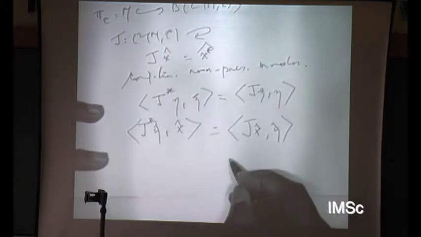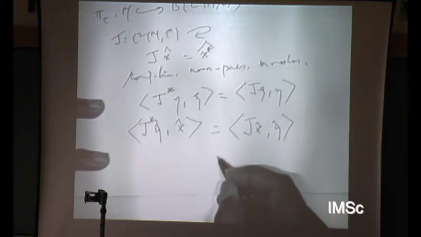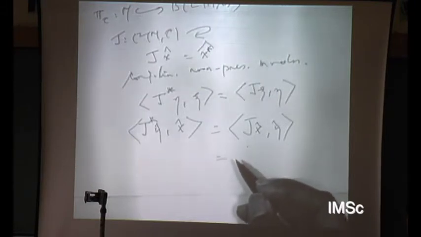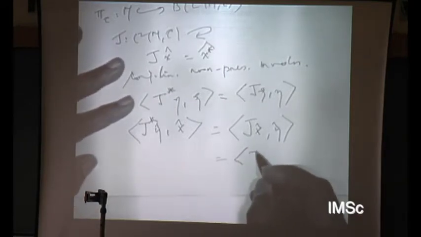But this I can think of as, actually you can write down the equation straight away. Because J is norm-preserving, I can write this as the inner product of J squared x hat with J y hat.